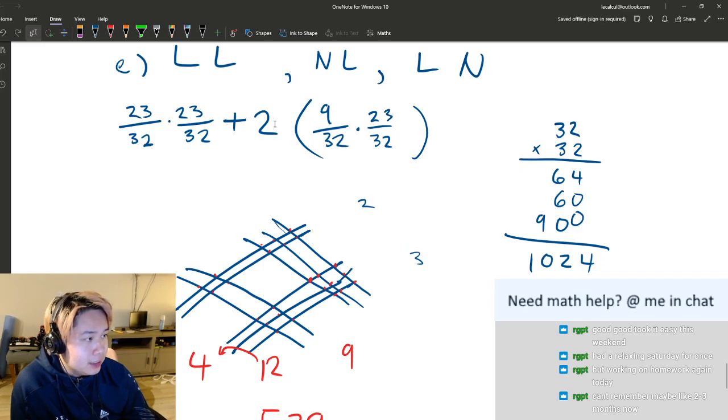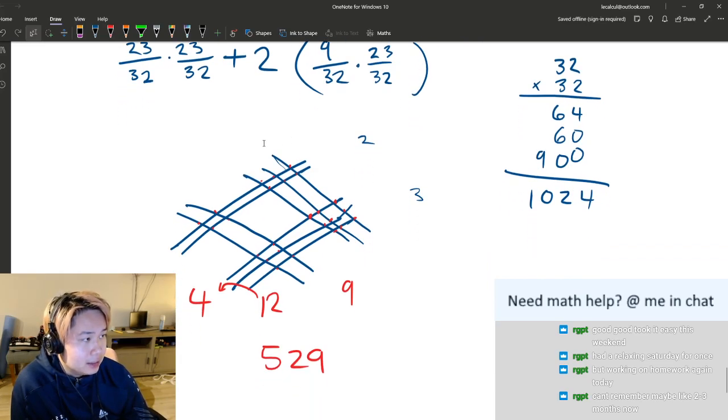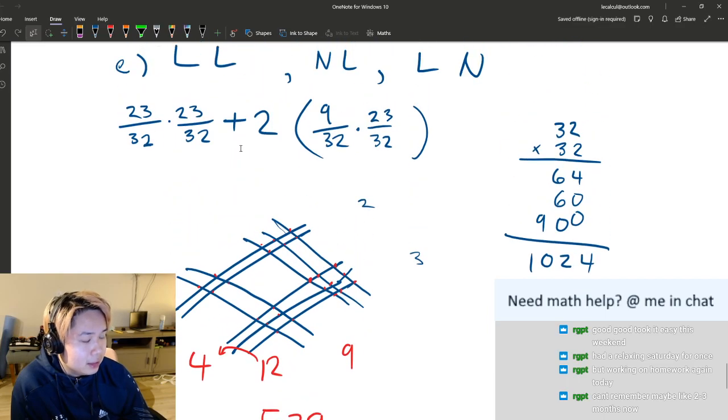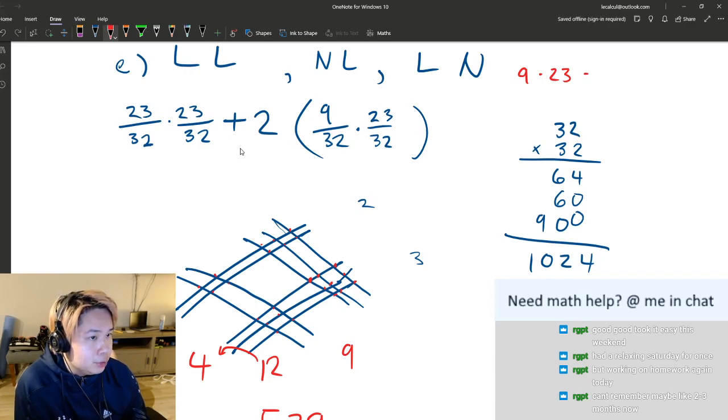Okay, and then last one is 2 times 9, which is 18. And then 18 times 23. Actually, I think that's less efficient than me doing 9 times 23, which is essentially 230, which is 23 times 10.